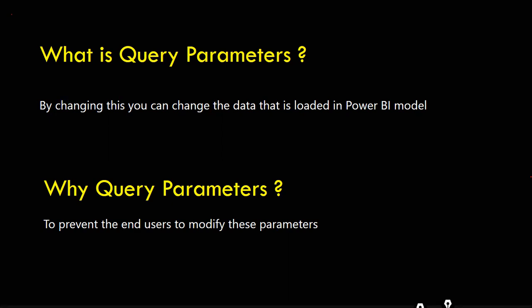Out of 1 million records, maybe only 0.1 million records are related to North. In that case, you don't have to take the entire data. You are slicing the data, subsetting the data, taking only the North region data. North region data volume is already less.